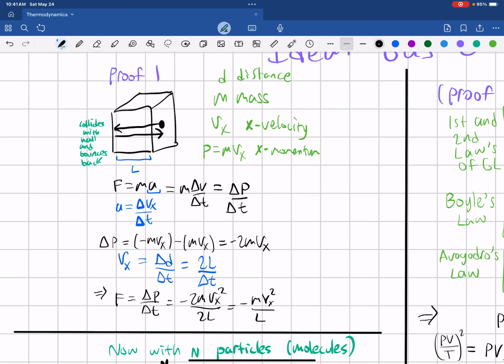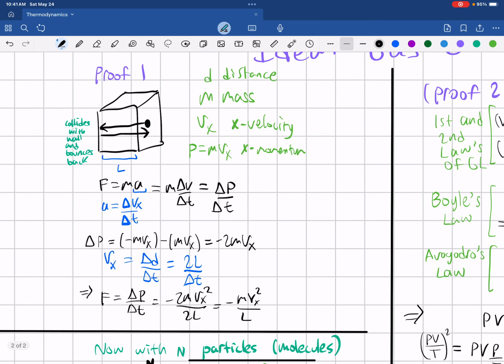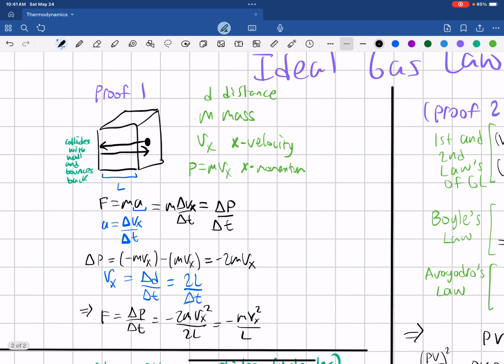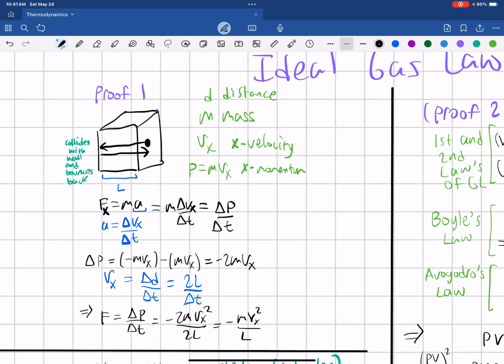So the force is actually the change in momentum over time. We can call it F, force in the x direction, velocity in the x. You could also call it px, x momentum.